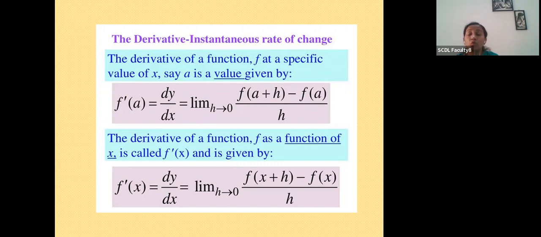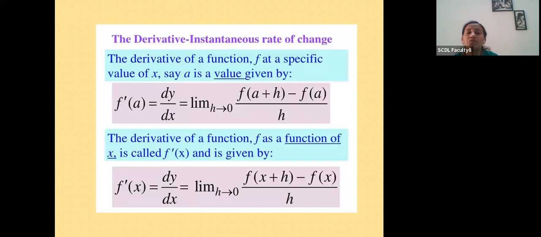When we go with the slope, when we go with the graph, as a point moves ahead on that graph, the x value changes with respect to y. The derivative of the function f at a specific value of x, say a, is given by f dash a is equal to dy by dx is equal to the limit of f of a plus h minus f of a upon h, as h approaches 0.